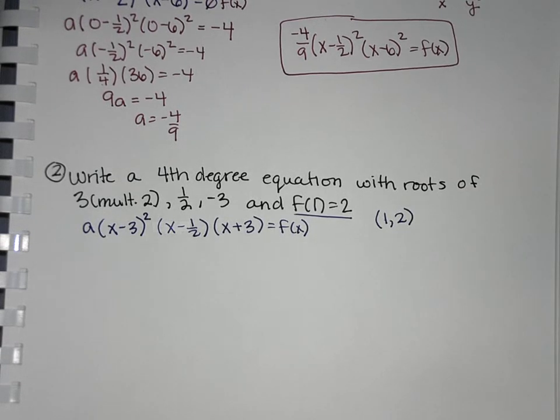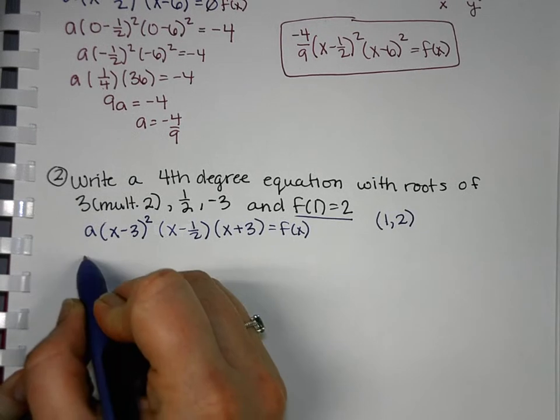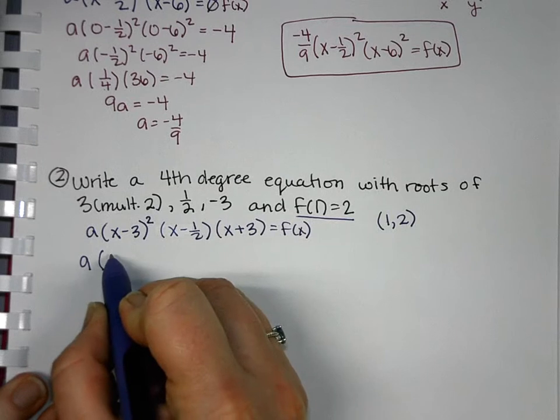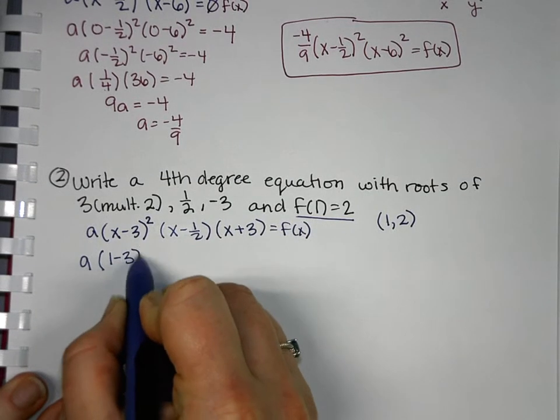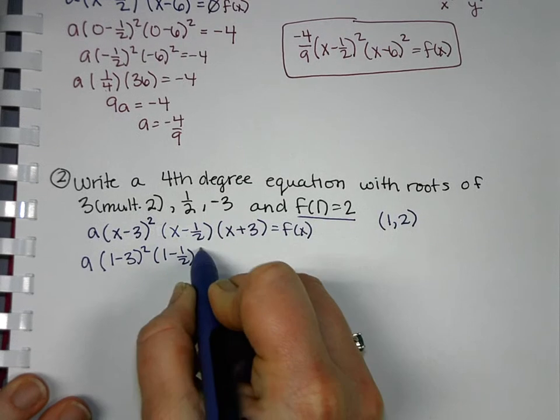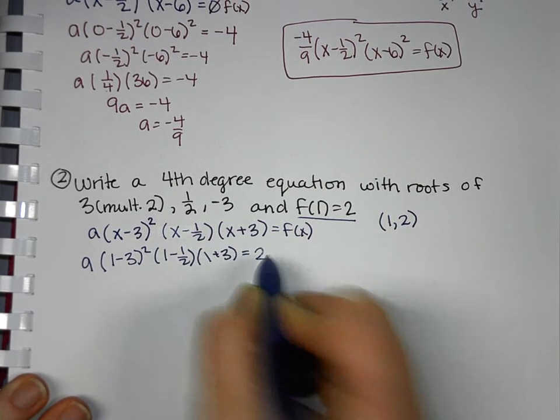So we can plug in the ordered pair to help us find a. So let's see, x is 1, so 1 minus 3, 1 minus 1/2, 1 plus 3 equals 2.